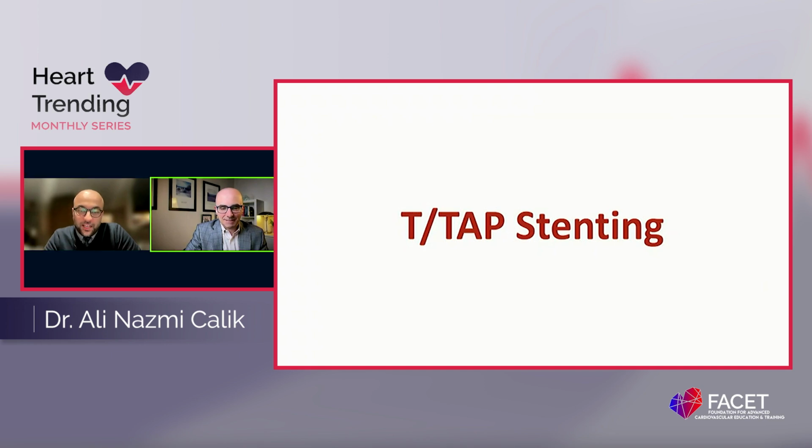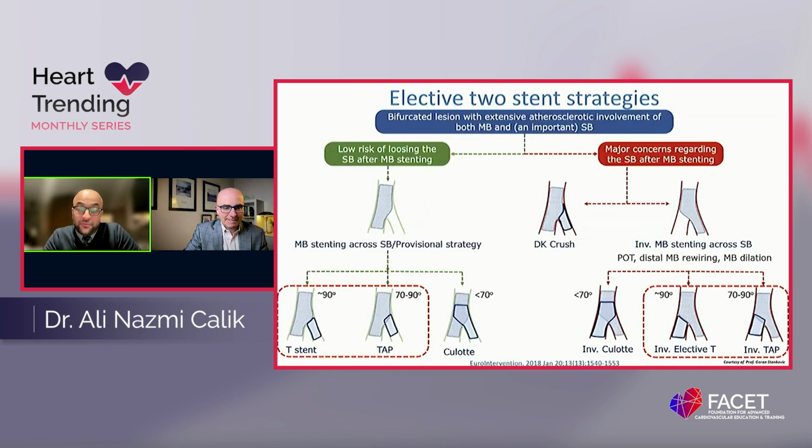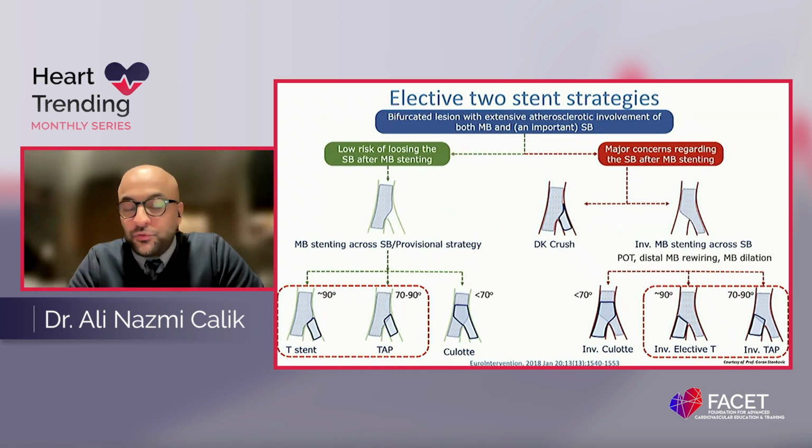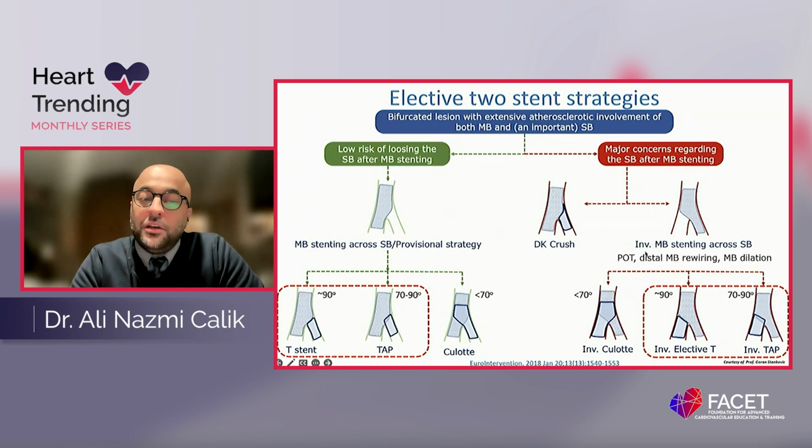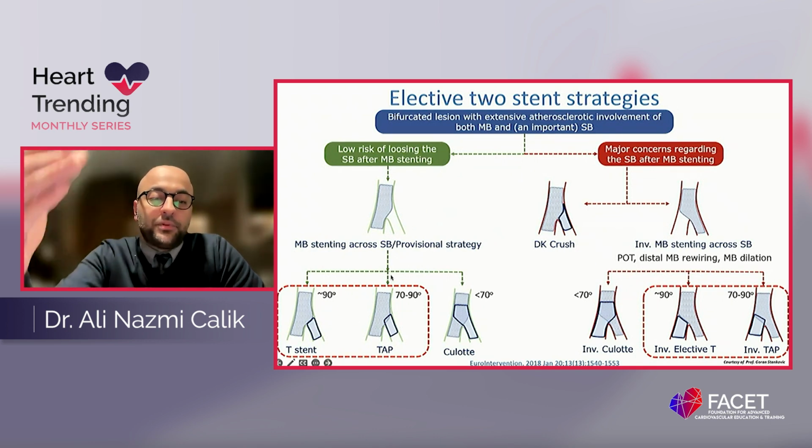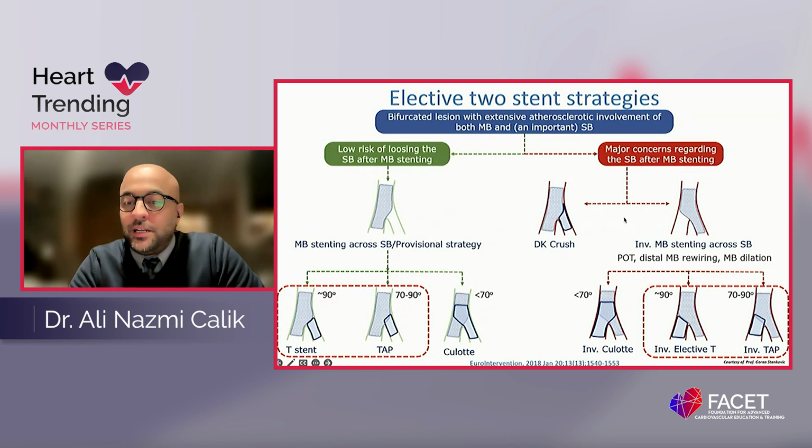Absolutely. And for the TAP, probably one of the most common stenting techniques in our daily practice, as you can see, you can apply it as an upgrade from the provisional strategy, as well as an inverted T or TAP.